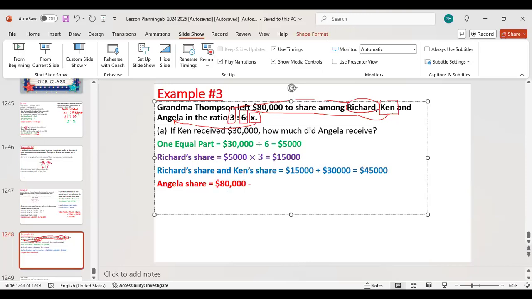The total is 80,000, so it's 80,000 minus 45,000, which gives us 35,000. Okay, and that's how we figure out Angela's share.